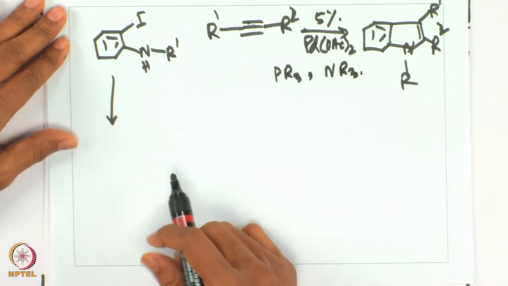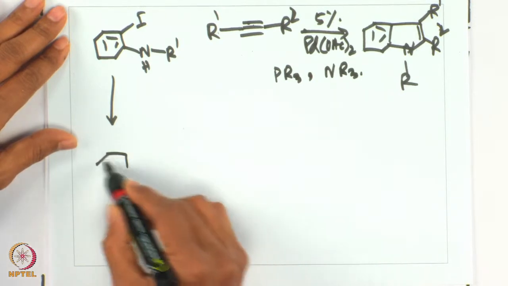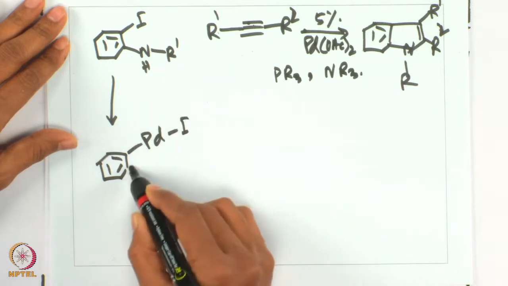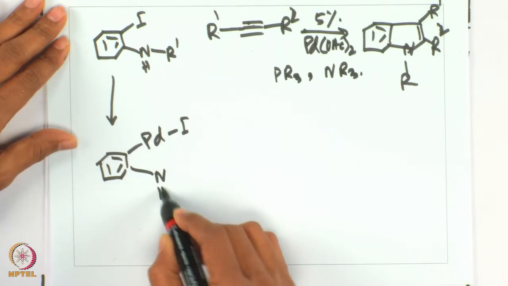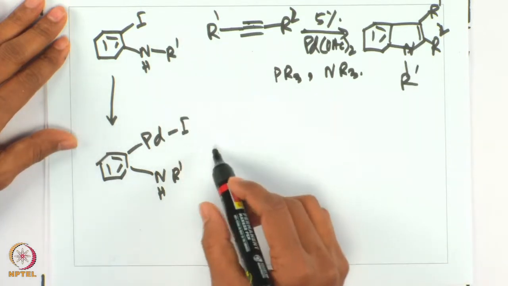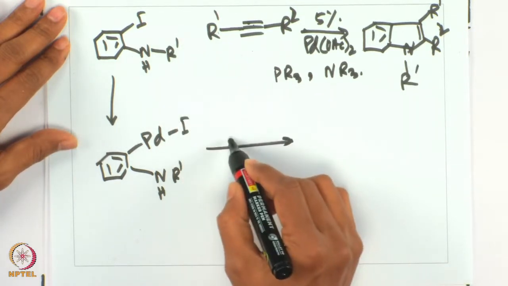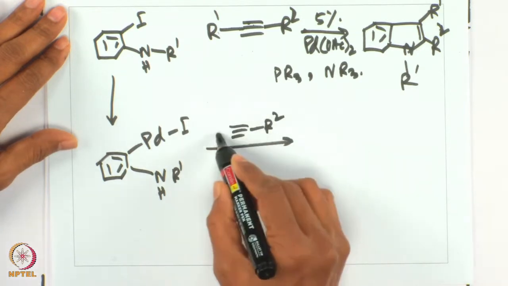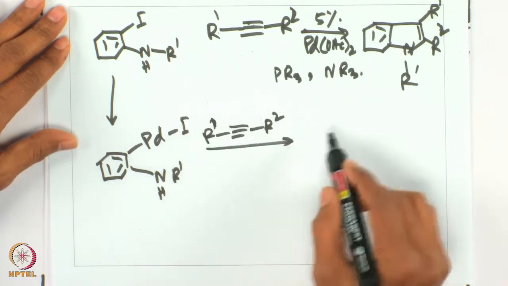What is definitely happening in these cases is that oxidative addition is occurring to give the palladium oxidative addition intermediate, and from there on we have a beta migratory insertion. Of course, the alkyne will coordinate and then will insert.